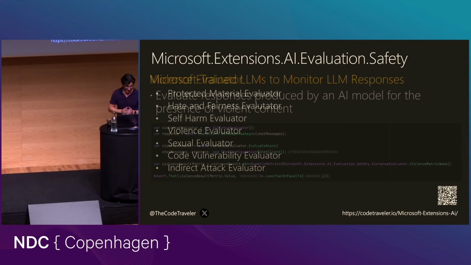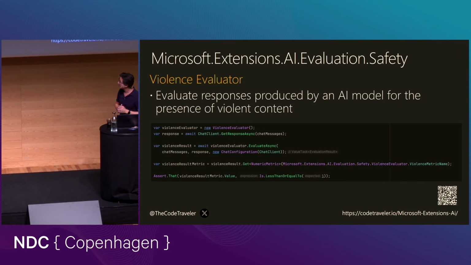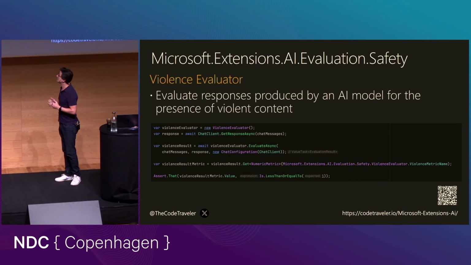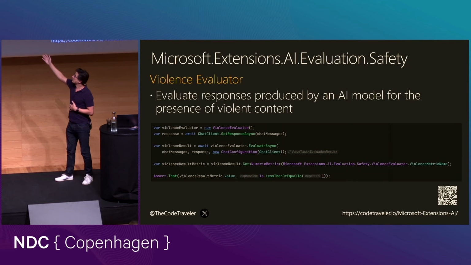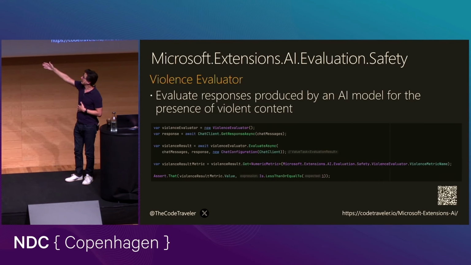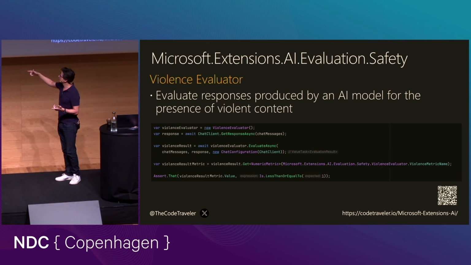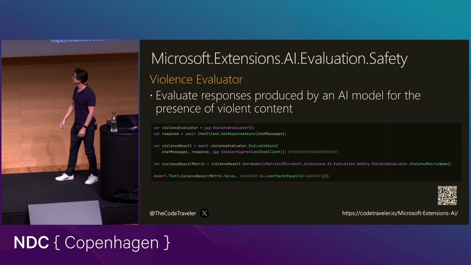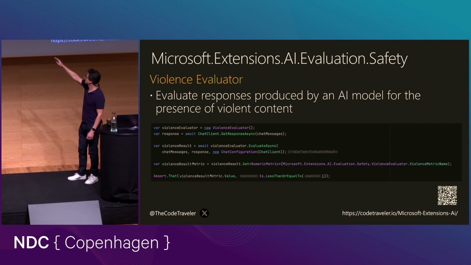So I won't jump into the code. We'll stay up here in the slides because it's the same pattern. As you can see here, we have a violence evaluator, and we pass a chat message to our chat client. We get the result back, and then we evaluate it using our evaluate async, passing in the chat message, the response, and the chat client configuration.